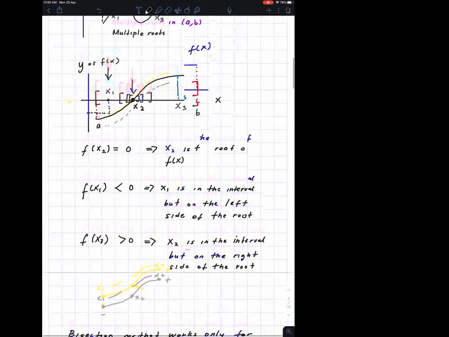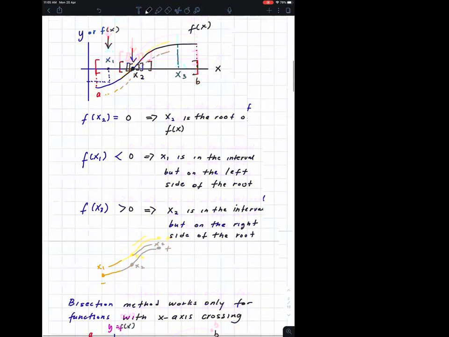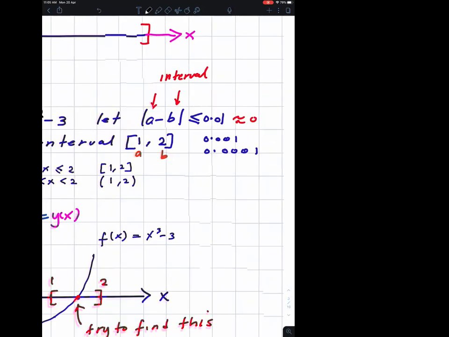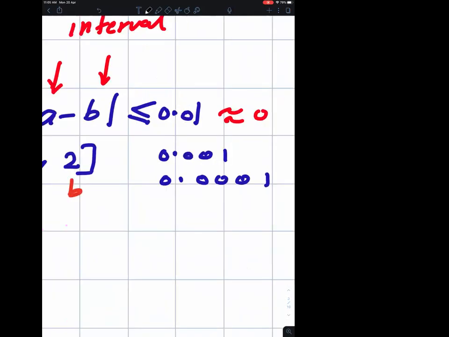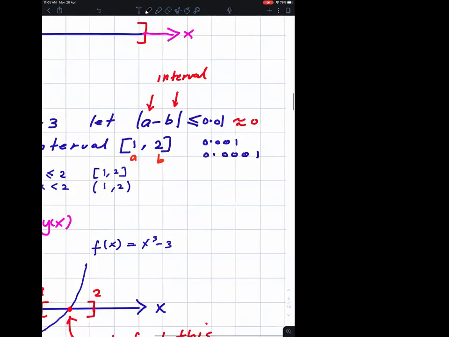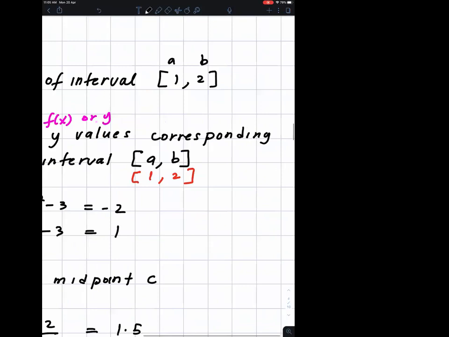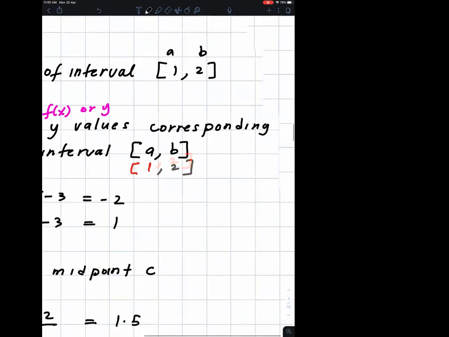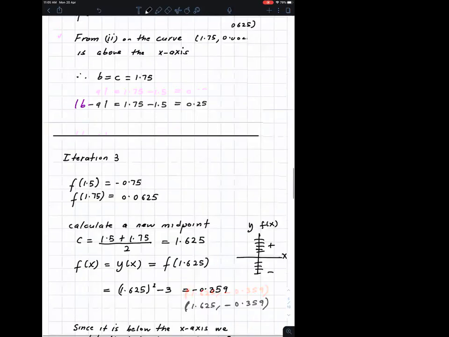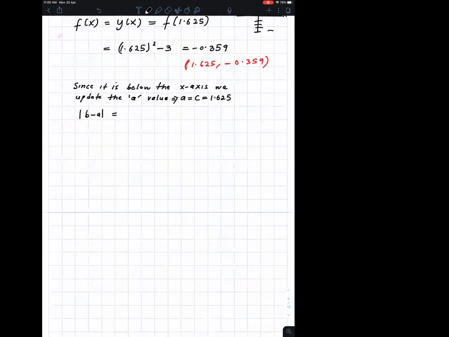You should stop the iteration once you reach 0.01. It doesn't have to be exactly 0.01, somewhere around there. So 1.75 minus 1.625.